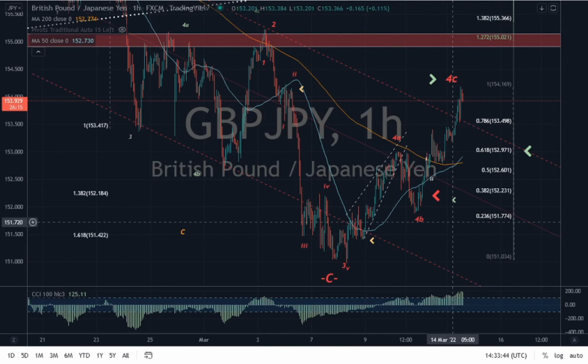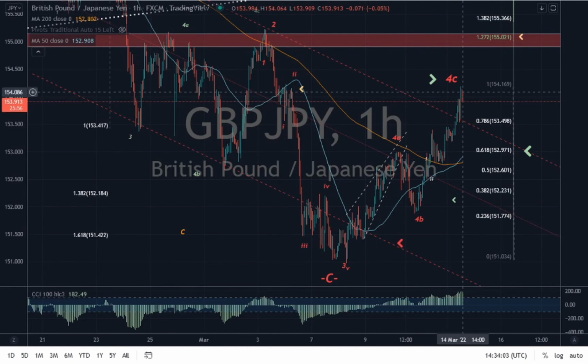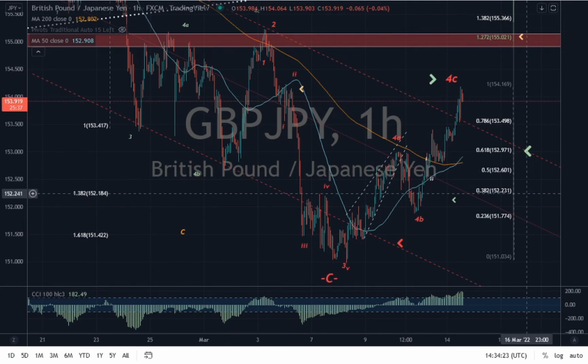We'll investigate it when we're live in the market, but it could also just about terminate here. Best entries are, we were looking at 153.2, we have here 61.8 at 153 exactly, 152.97 and 152.6. We were looking of course at 152.5. There's also 152.23.